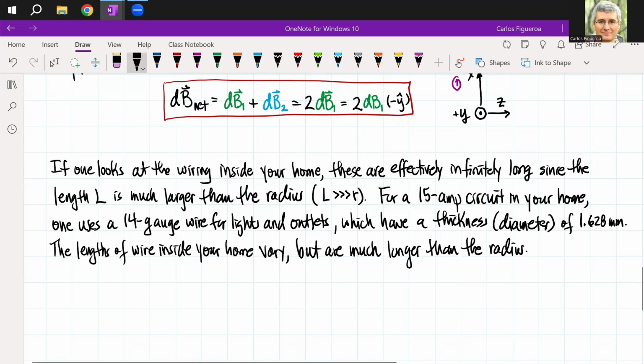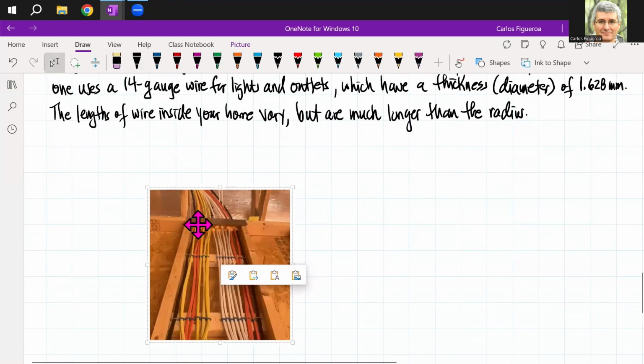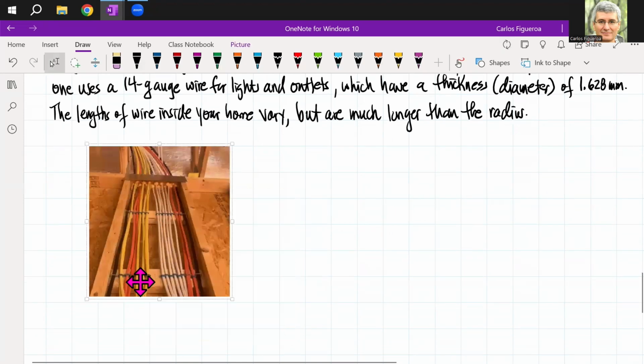So if I think about an image, if you were to look inside your ceiling, you're going to see that you typically have these wires that are clumped together and they stretch out for quite some distance, the distance across your home, for example.